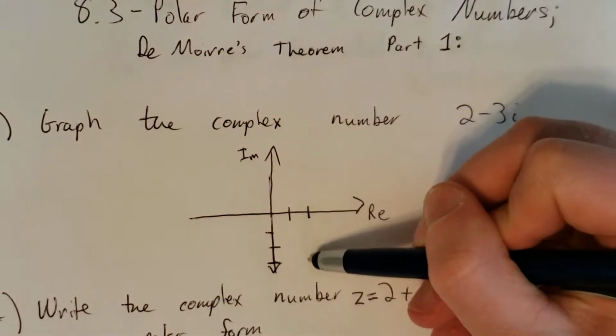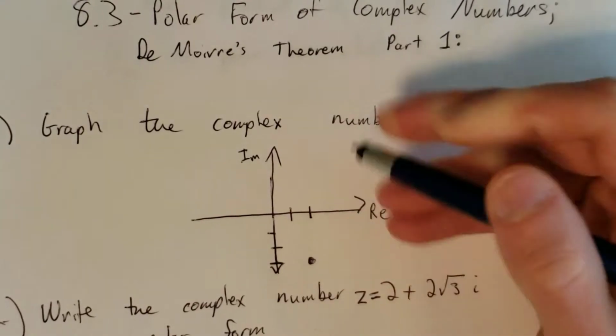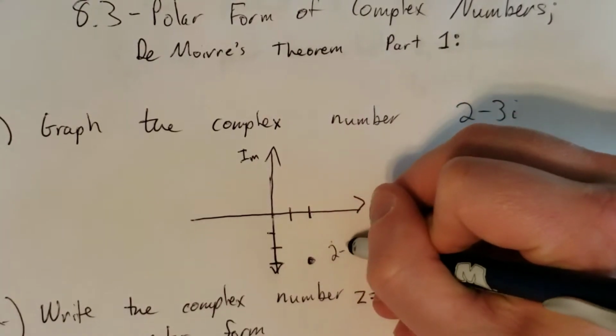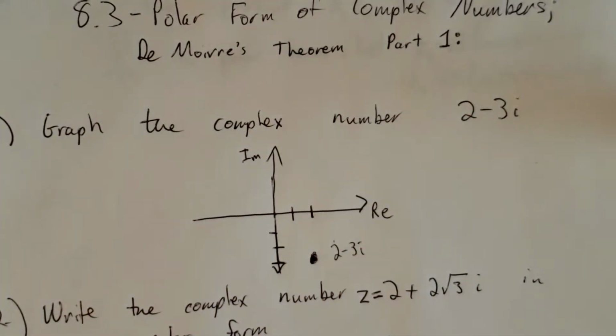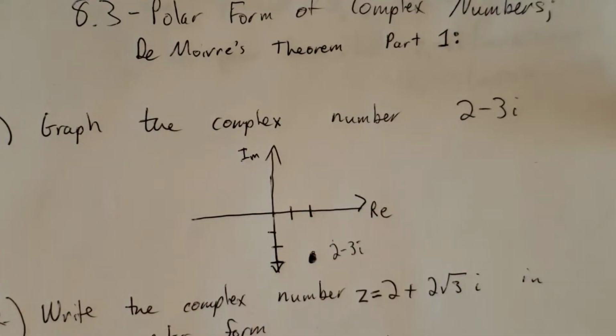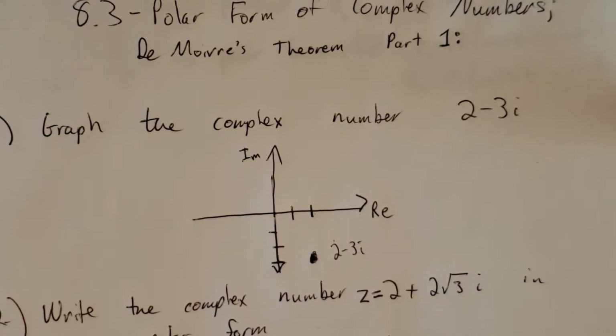And we go 2, comma, negative 3. And that plots our point 2 minus 3i in the complex plane. So we've drawn a point, a complex number, in the complex plane.